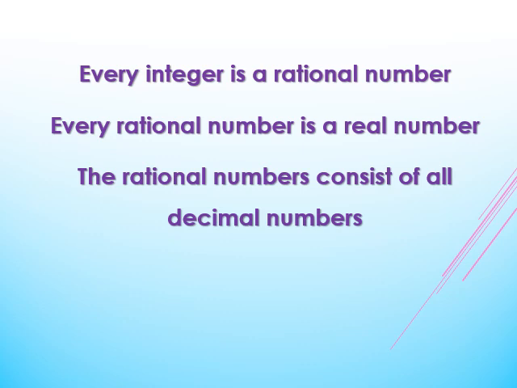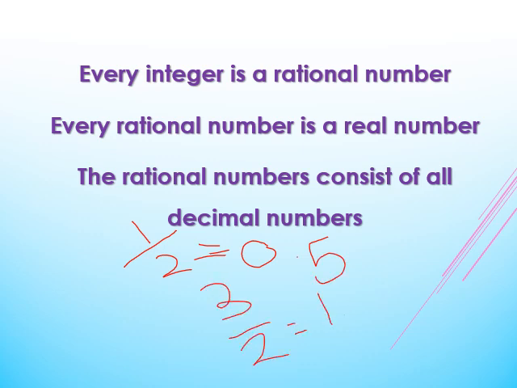Rational numbers consist of all decimal numbers, of course, because we can write any such number as a fraction. For example, 1 over 2 we can write as the decimal number 0.5, or 3 over 2 we can write as 1.5. So we can say that a rational number is a decimal number.